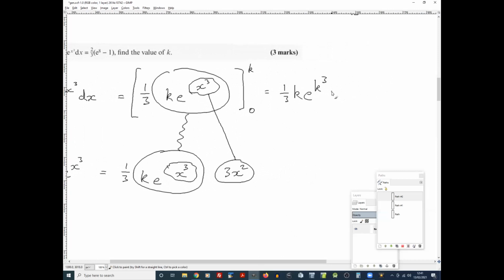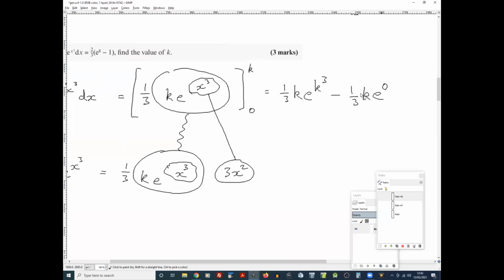Followed by minus a third k e to the power of 0 cubed. Is 0 cubed 0? Yes, 0.